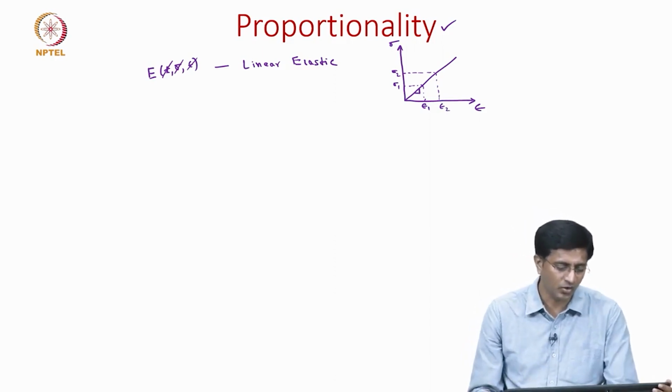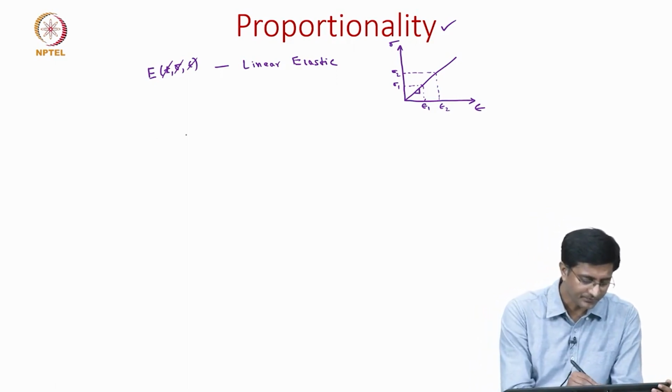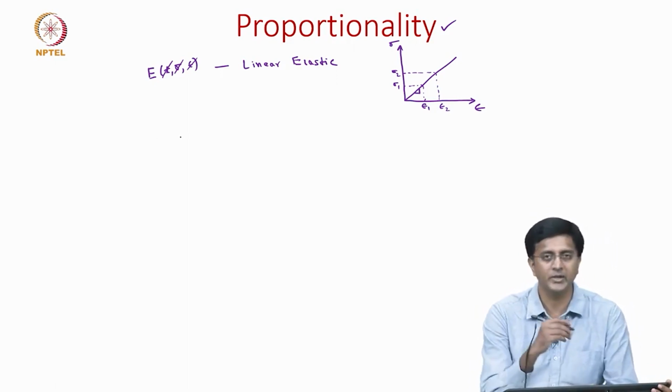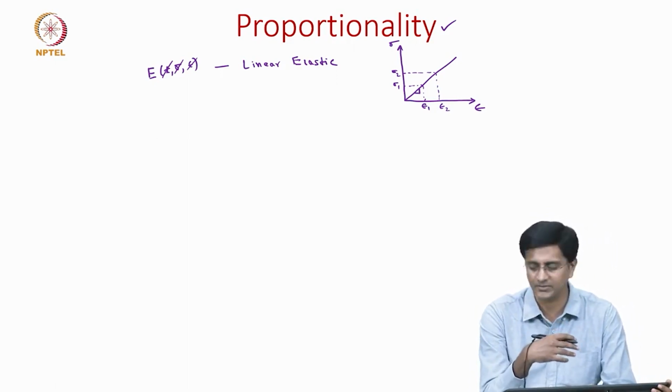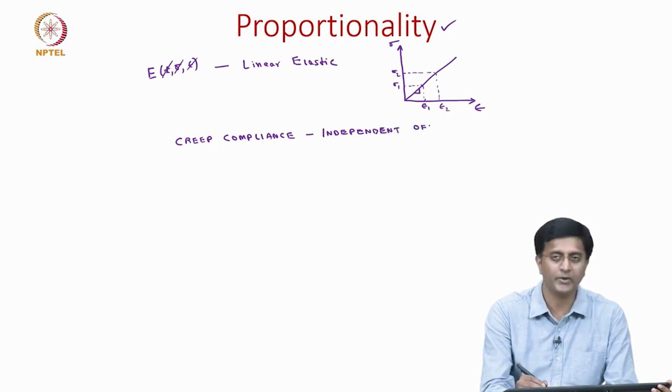But now when we talk about the viscoelastic materials, we need to be a little careful in defining this. When we talk about the creep compliance, we say that it is independent of applied load.